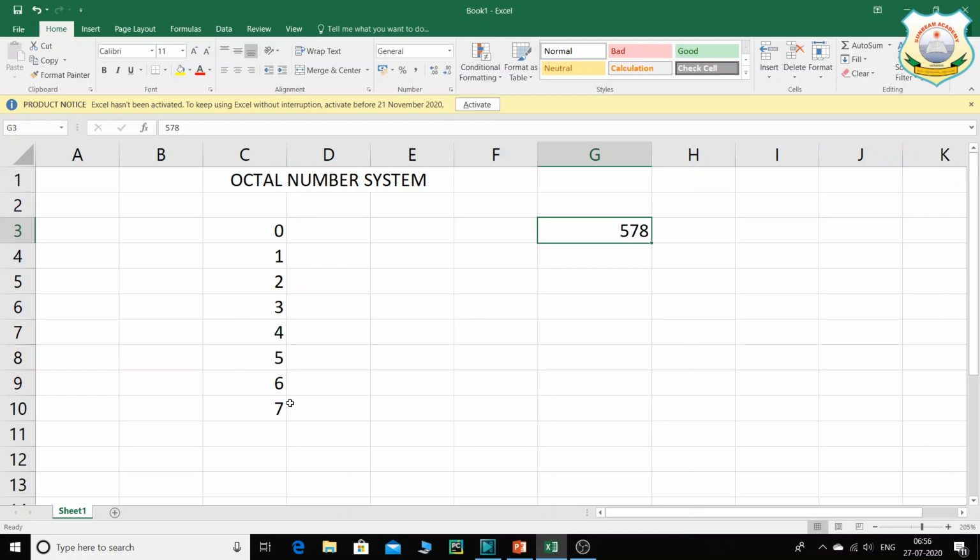So if I say 7, what comes next after 7? How can I have 8 here? That is a question. I'm going to go with the same approach, with the combination: the next number is 1, and then I will start again with 0.